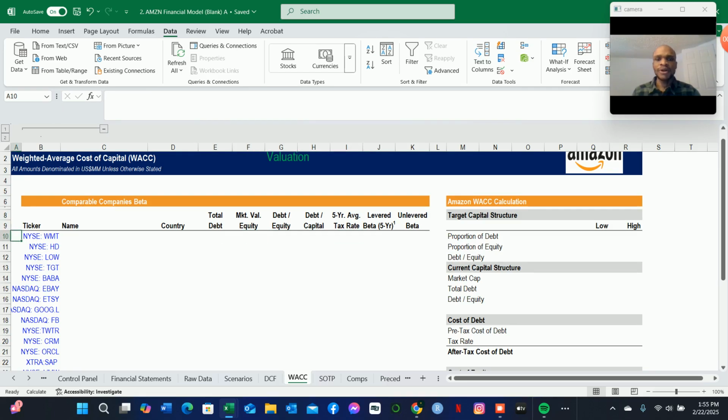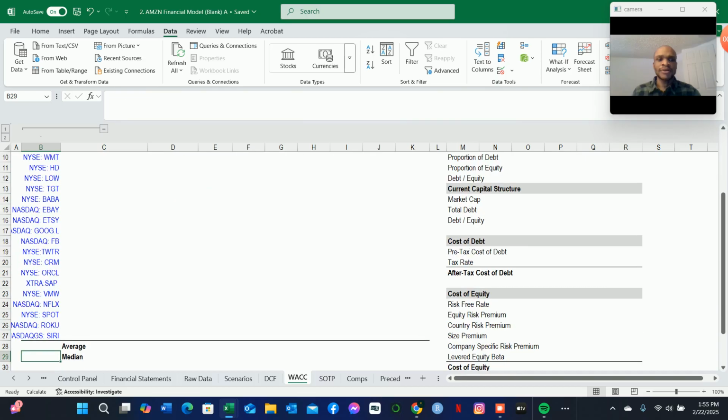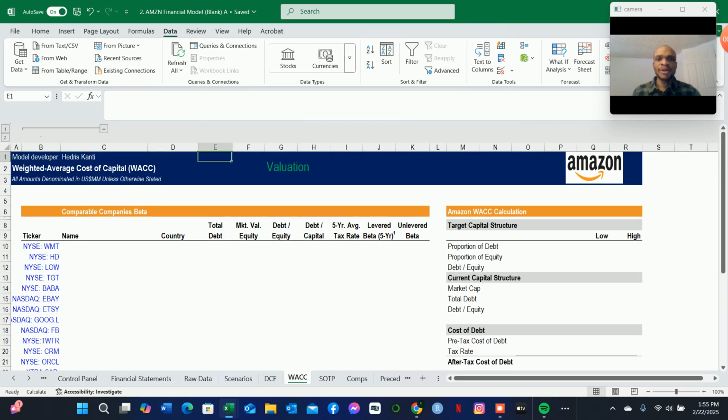For some companies that are not based in the United States, such as SAP, Spotify, and Alibaba, we will have to extract their tax rate based on the countries where these companies have their head offices. So that's what we're going to be doing.